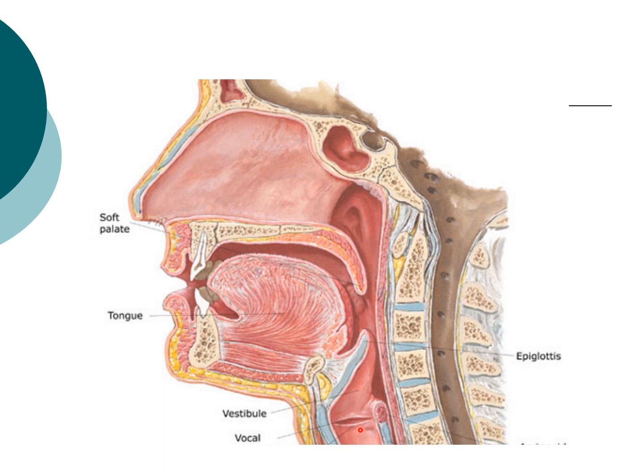The pharynx extends from the base of the skull downwards till the lower border of cervical vertebra number 6.